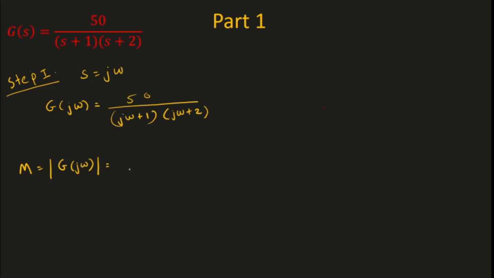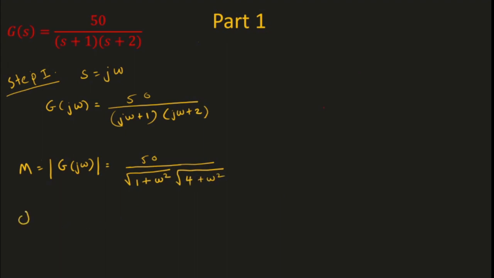For the numerator 50, there is no complex part, so it's basically the square root of 50 squared, and in the denominator, the square root of the real part square, that is 1 square, plus the imaginary part square, that is omega square. For the second term, j omega plus 2, we take the square root of the real part square, that is 2 square, and the imaginary part square, that is omega square. So I can write this 2 square as 4.